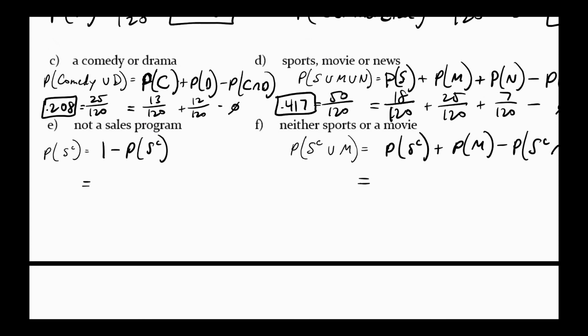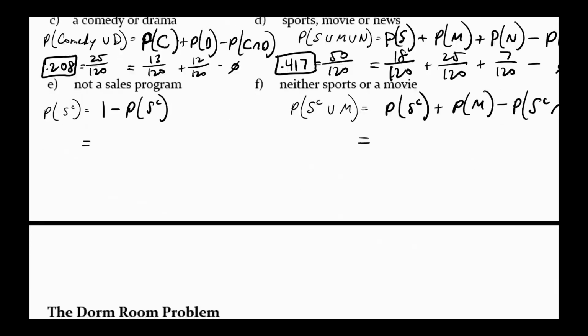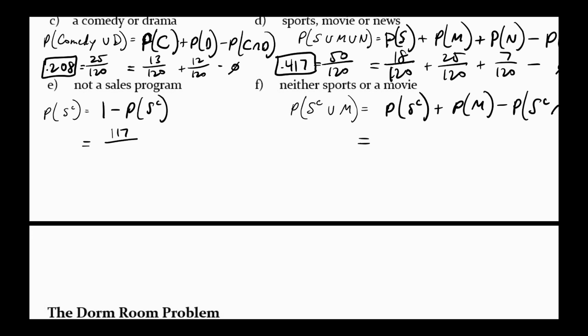Well, there's 120, and there are 3 sales programs. So that's 117 over 120, which is 0.975.